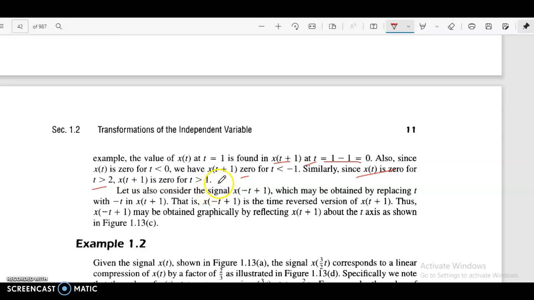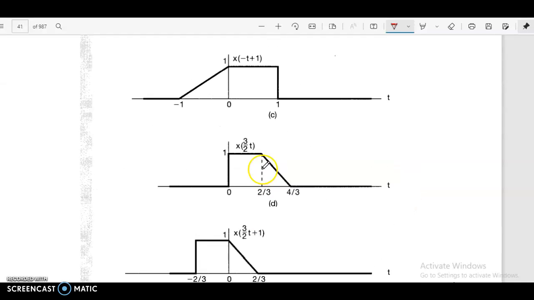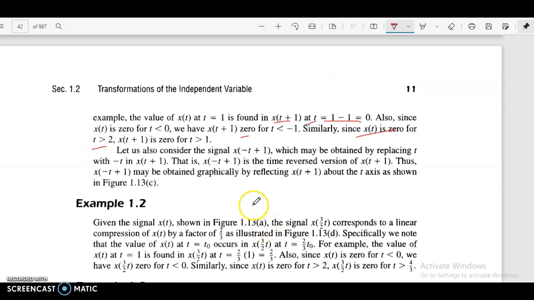Let us consider the signal x of minus t plus 1. Minus t plus 1 is the time reversed version of x of t plus 1.